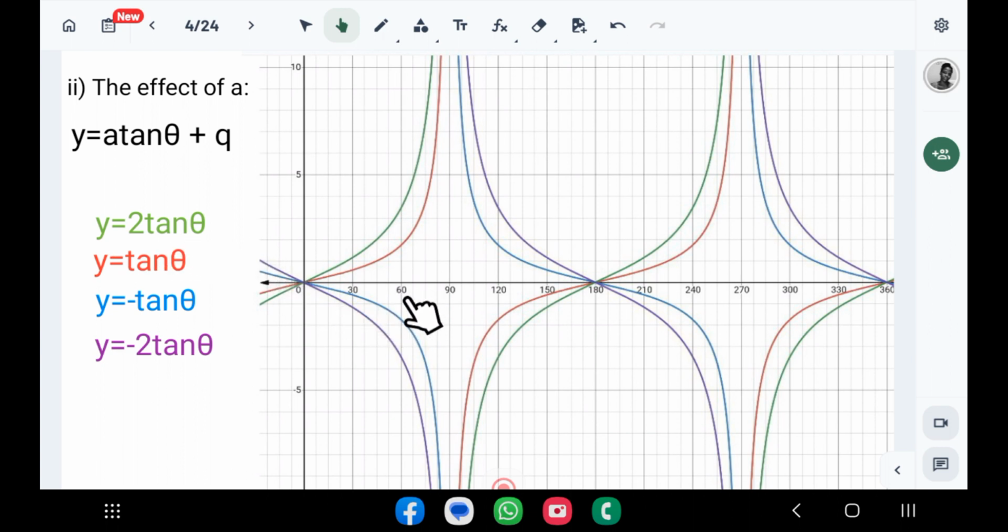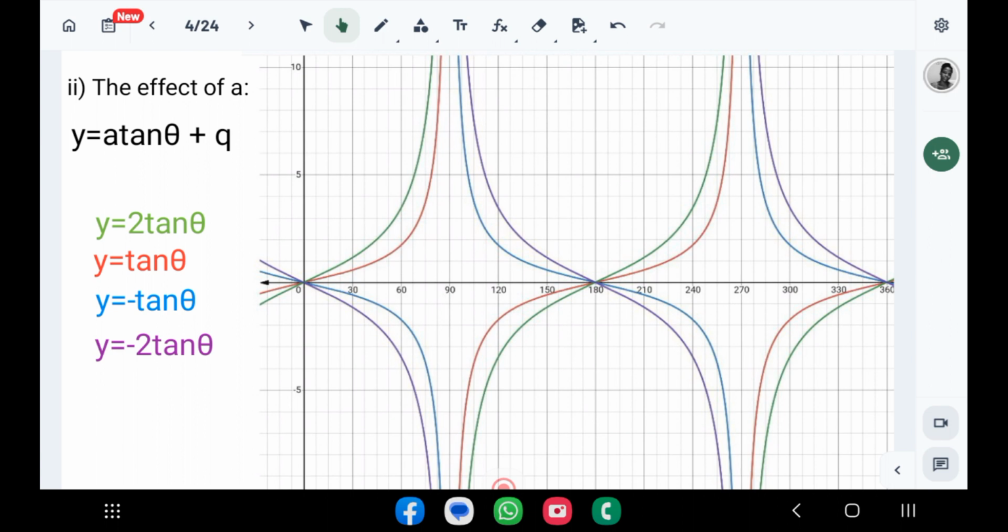At the point where y equals 1 unit, in this case, that should be 45 degrees. Yes, 45 degrees, that is 1. In y equals tan theta, that is equal to 1. But notice that when your graph is y equals 2 tan theta, the very same milestone is reached at twice the amount, which is 2 in this case.